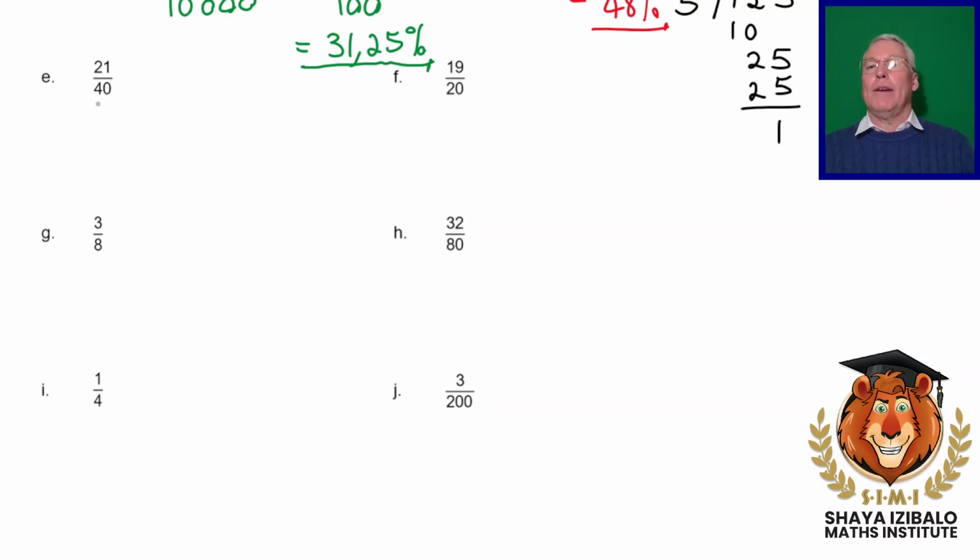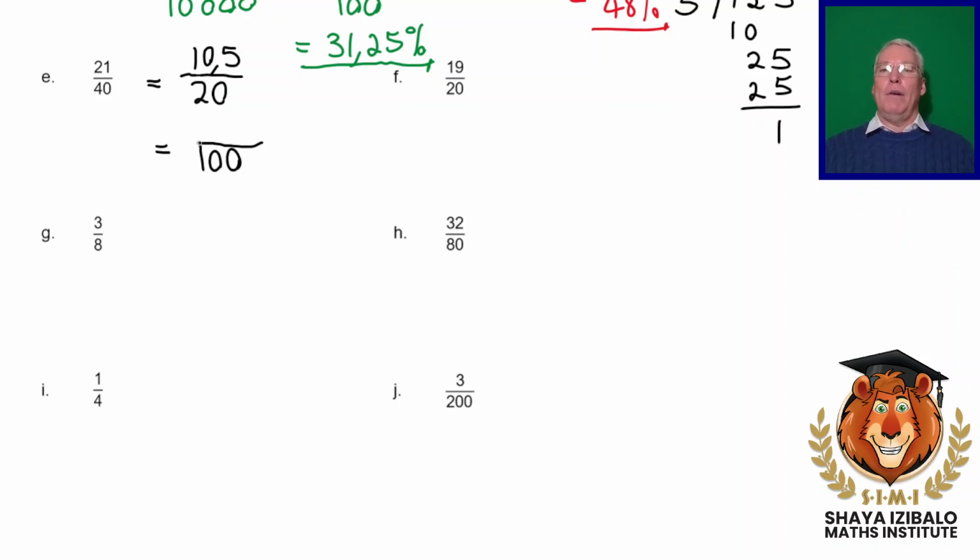21 out of 40. Now, we can quite easily make that into 20ths. So we're dividing the bottom by 2, we must divide the top by 2. Now, we're going to get 10.5 out of 20. What must we multiply 20 by to get to 100? 5. So this is going to become 100.